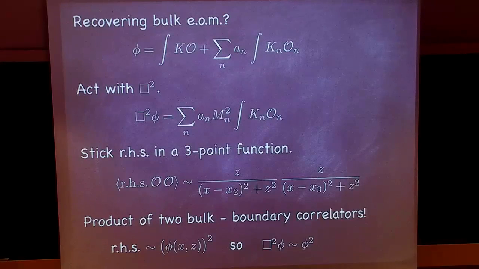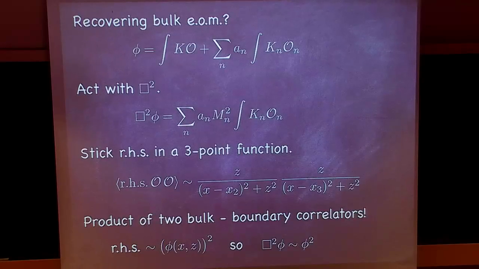Are you saying that any CFT gives at that order a phi to the third theory? Or are the coefficients different? So the coefficient in the CFT 3-point correlator would determine the coefficient of the bulk phi cubed coupling. Is it really just local like that?